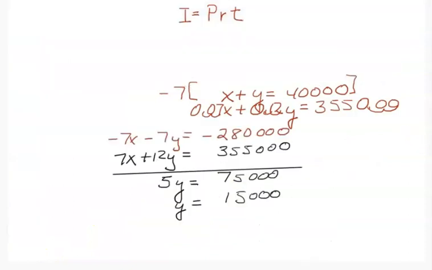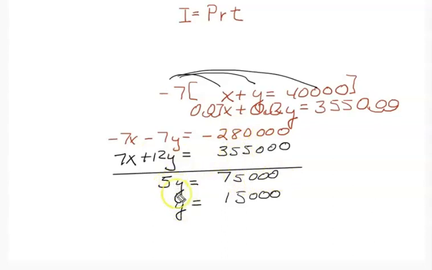So I use my calculator for this and copy it step by step. So I multiplied each term here by the negative 7. And the goal was to get this x term so that it would cancel out with this x term and line them up. Normally I would put this over on the side and this here so we can see it sequentially. And then when I did the subtraction, I end up with 75,000.